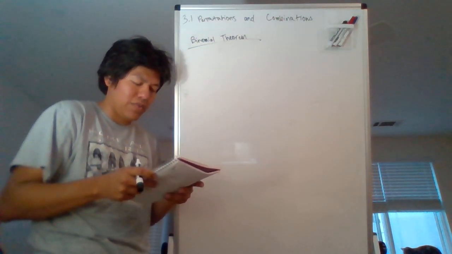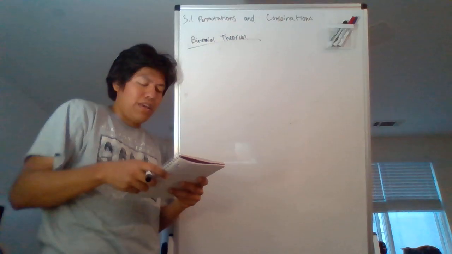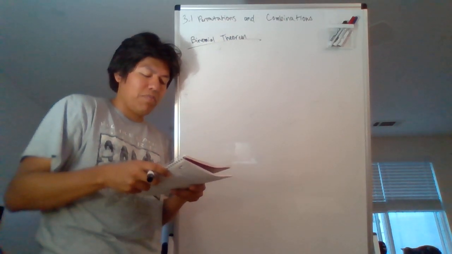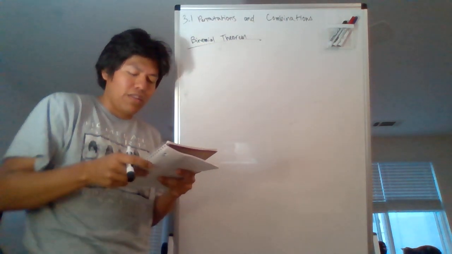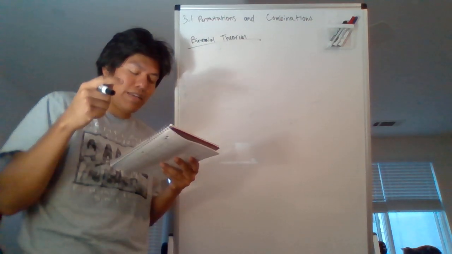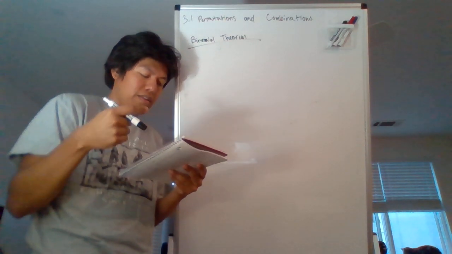Okay, so the definition says, in the power series expansion of 1 plus t raised to the n, the coefficient of t to the k is n choose k.